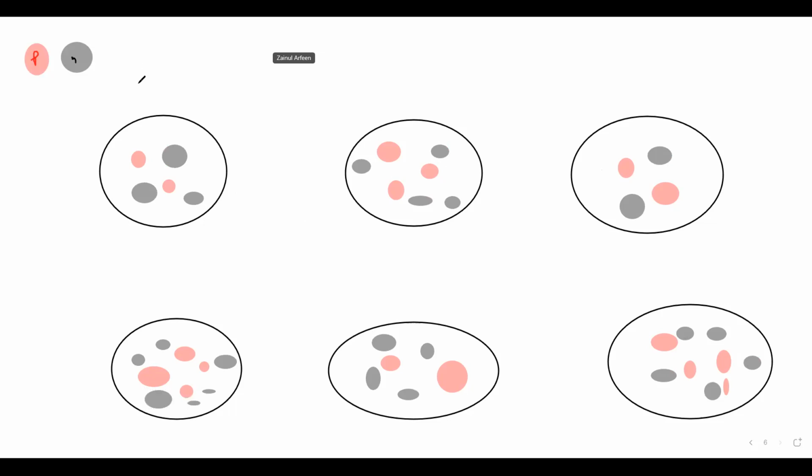So these are 5 different nuclei. You have A, B, C, D, E, and F.